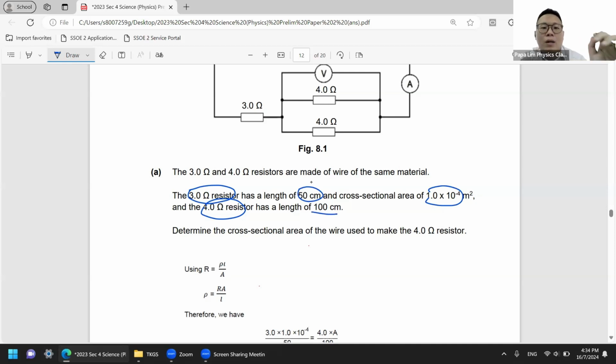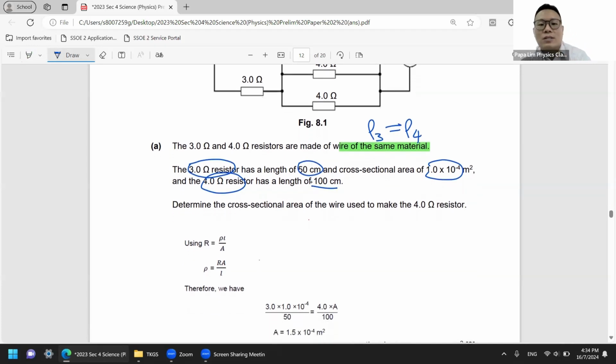One piece of information that we tend to miss out is the first line: the 3 and 4 ohm resistors are made of the same material, which means the resistivity of the 3 ohm resistor and the resistivity of the 4 ohm resistor are the same. This is one of the most important starting points to solve these calculations.